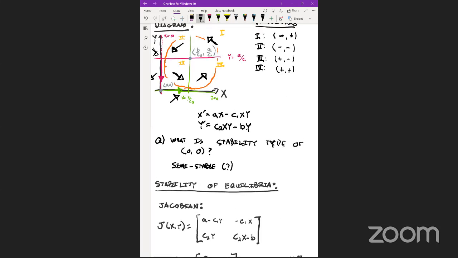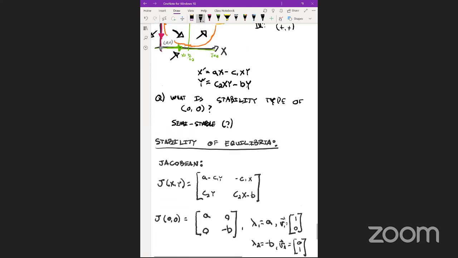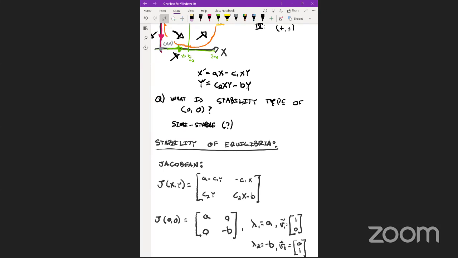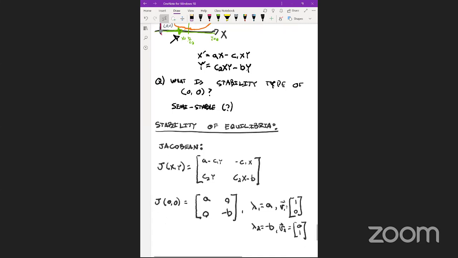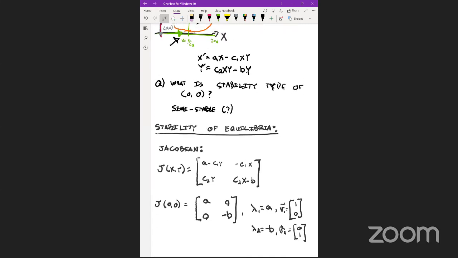We're saying nothing about global behavior here. As we move away from it, things become very, very different. But if we're very, very close to the origin, then the number of predators is decreasing, and the number of prey is increasing. Okay. Any questions?